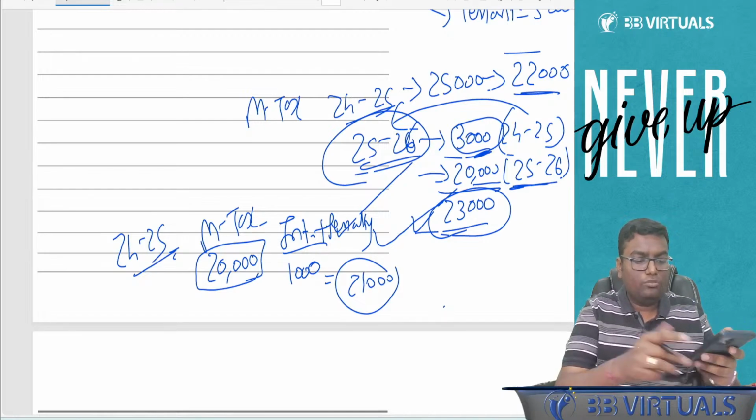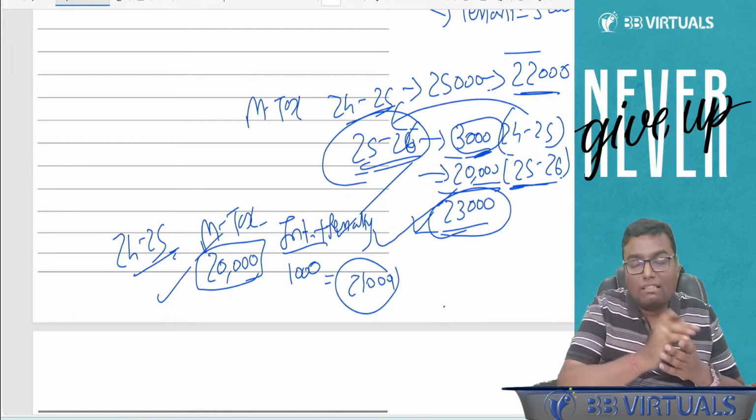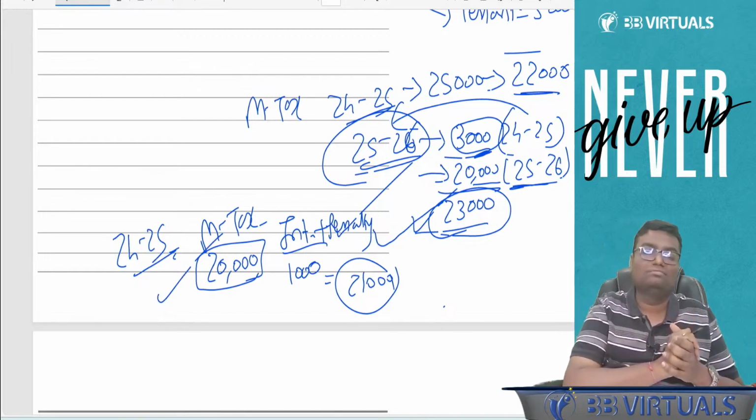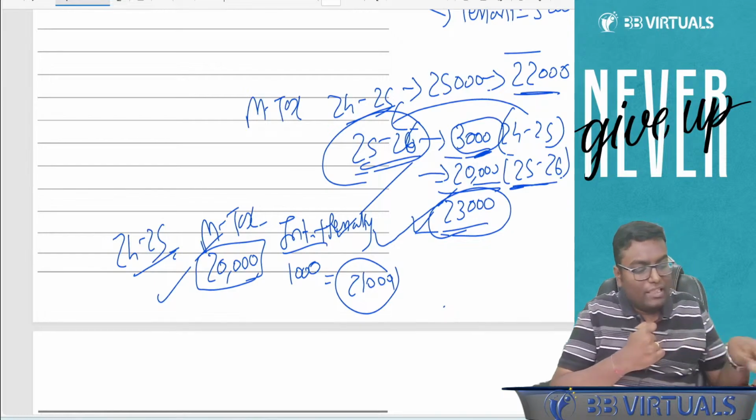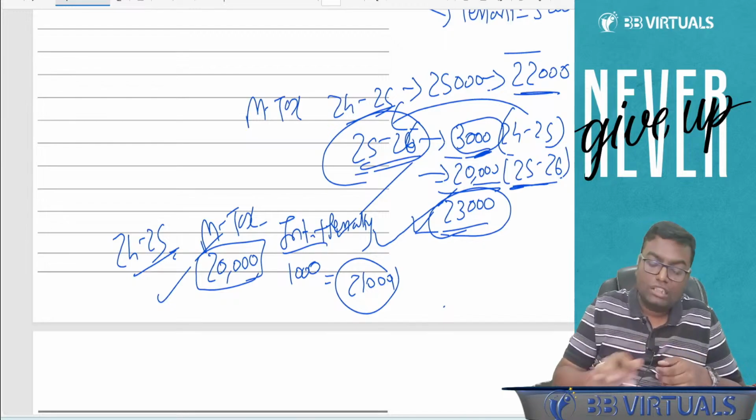How much will be allowed to me as a deduction? Only 20,000. The simple reason is the government is giving us the deduction of municipal tax and not interest and penalty. So to me, only 20,000 will be allowed as a deduction over here.